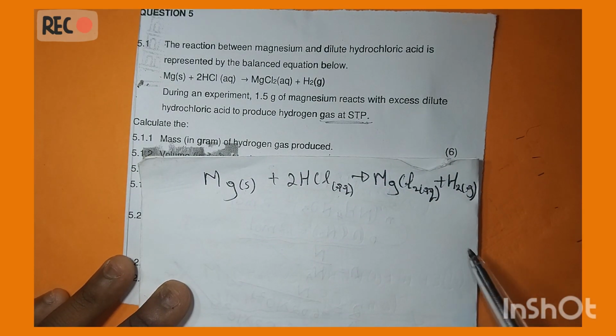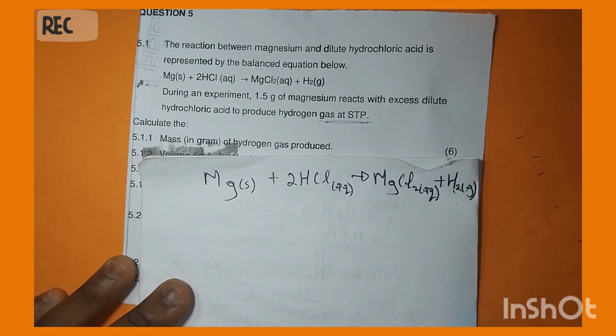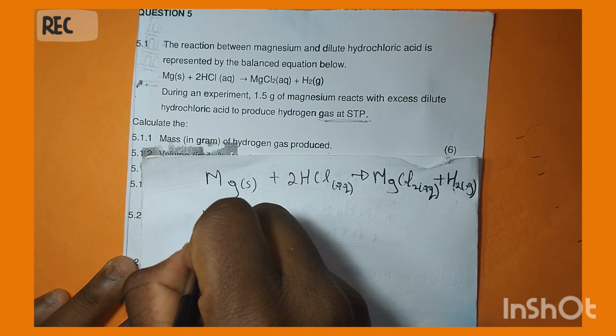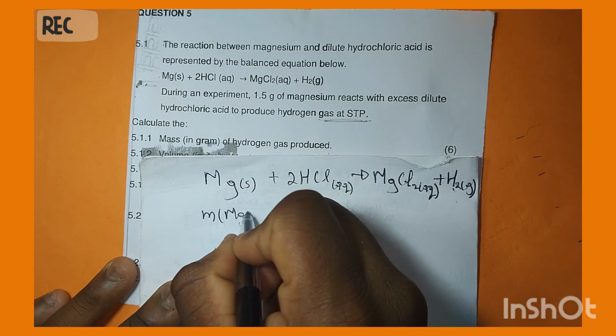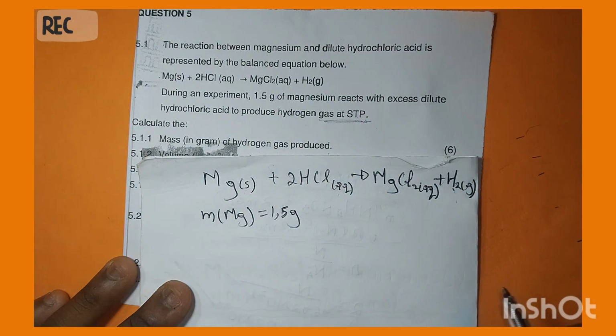Do you see? H2, meaning it's hydrogen gas. So the info they gave you is the mass of this, which is 1.5 grams. Do you see?